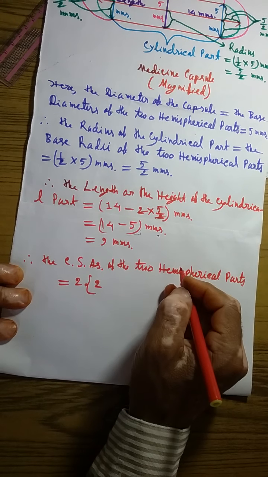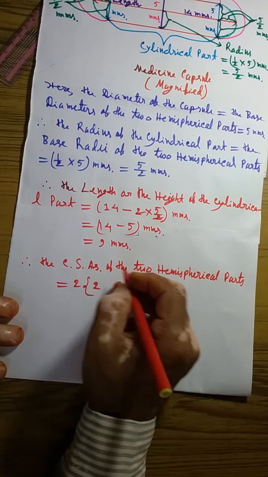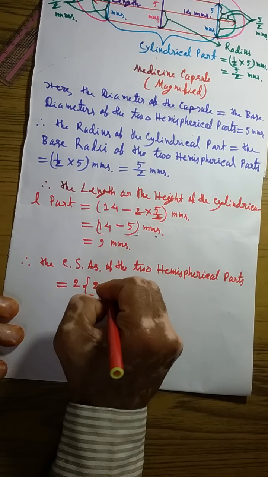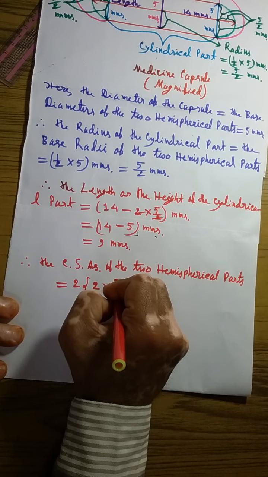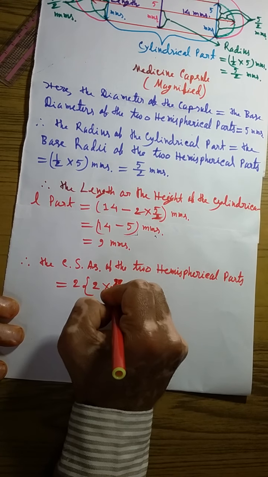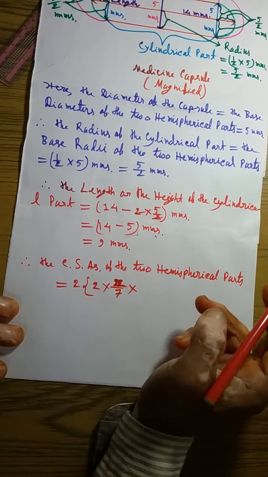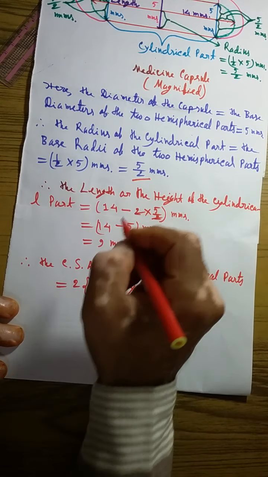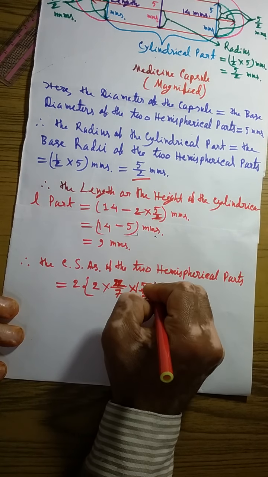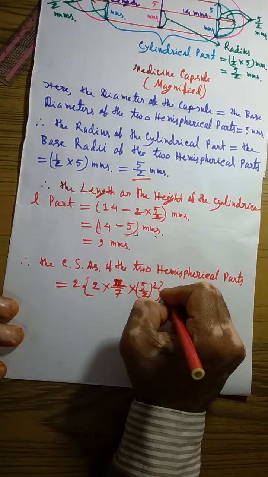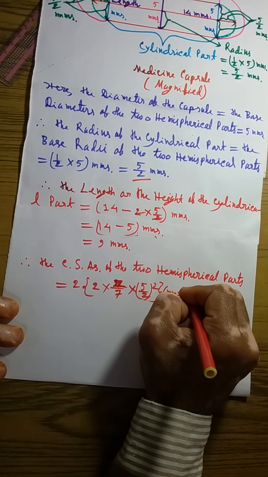The formula to find the curved surface area of a hemisphere is twice pi r square, that means 2 into 22 by 7 into 5 by 2 square, 5 by 2 square millimeters square.